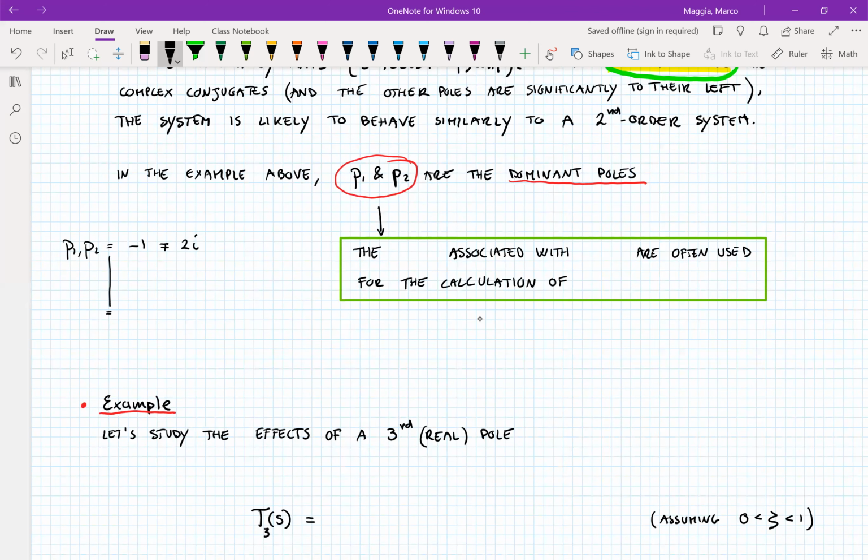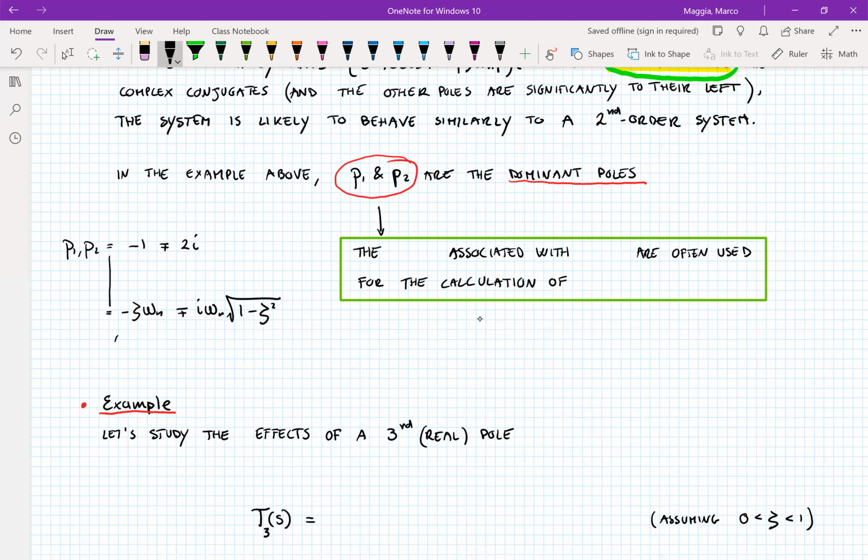Well, P1 and P2, if they were just related to a second order system, and that's the approximation that we're doing, you can also write them as minus zeta omega n minus or plus i omega n square root of 1 minus zeta squared.